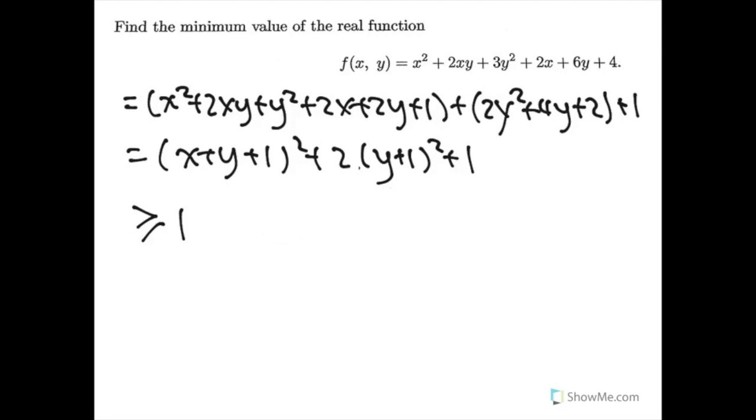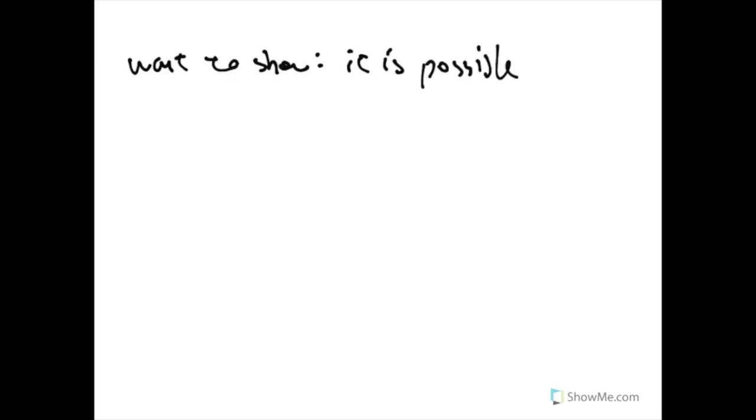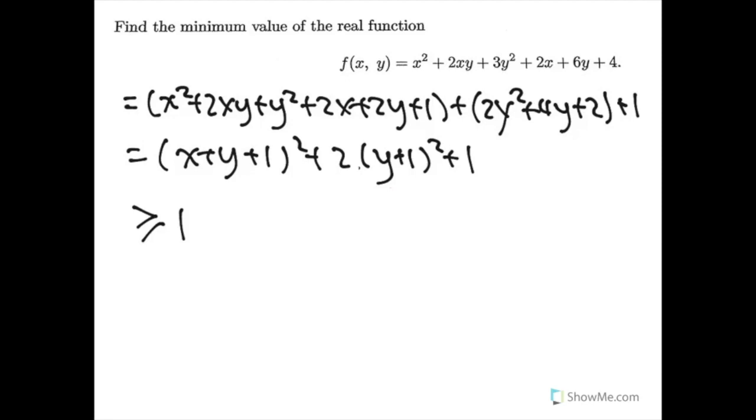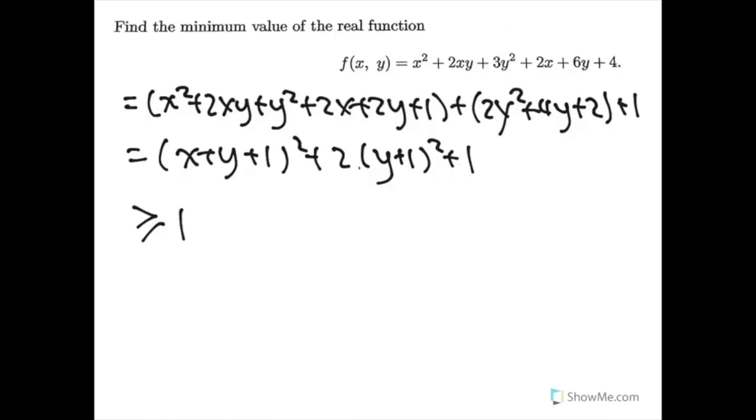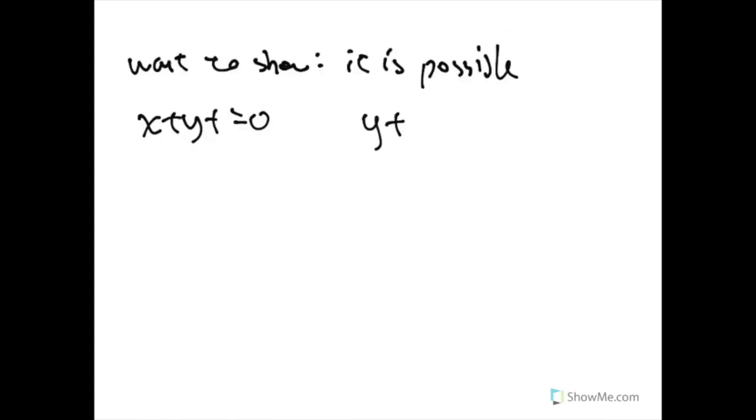I'll actually write this on another page. So we want to show that it is possible to have x plus y plus 1 equal to 0 and y plus 1 equal to 0. Well, let's solve the second equation first.